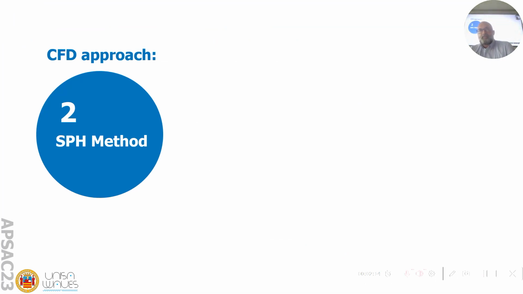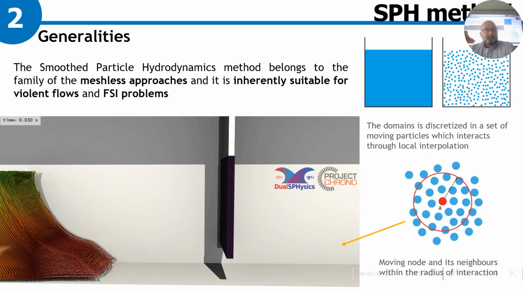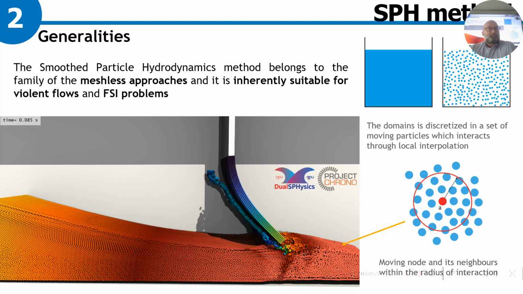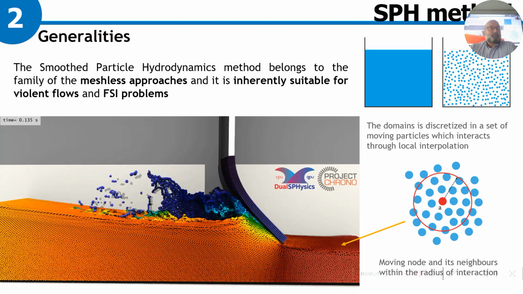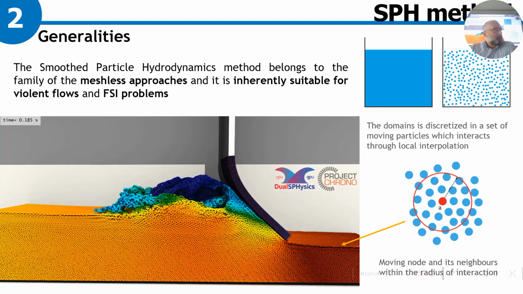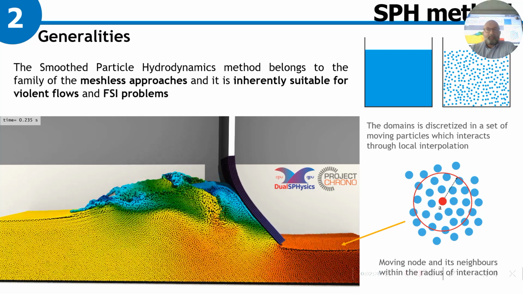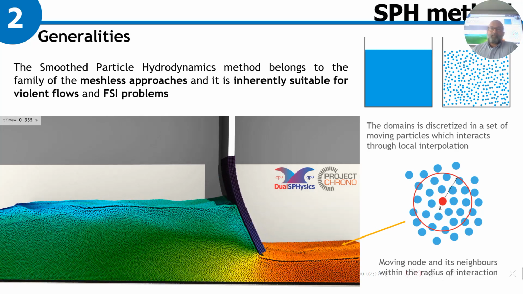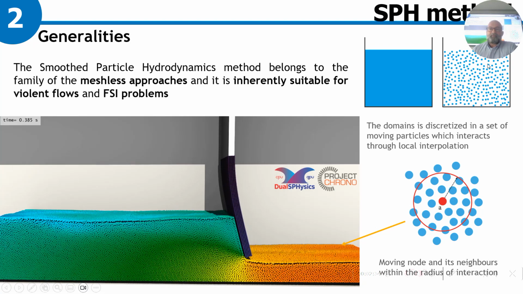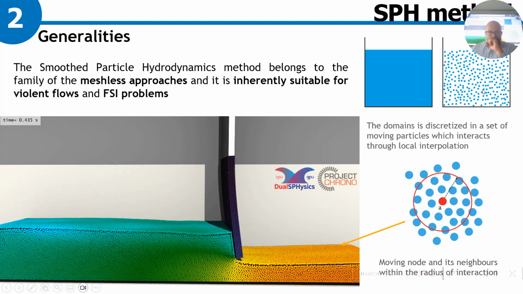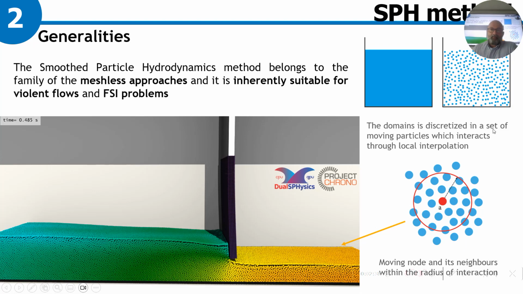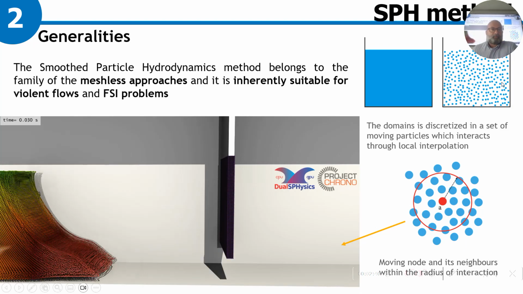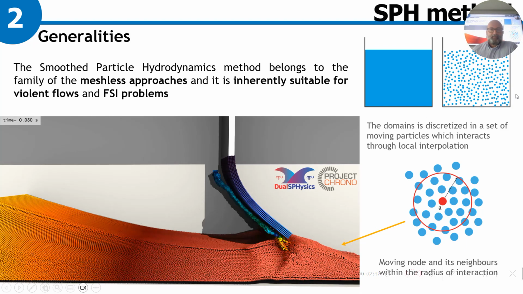We use numerical simulation to reproduce this kind of phenomena. SPH is a meshless numerical technique. It is based on particle discretization, as you can see in the upper part of the picture here.